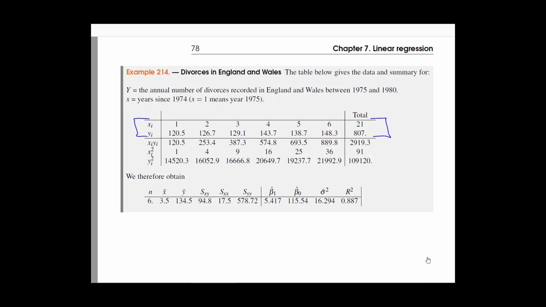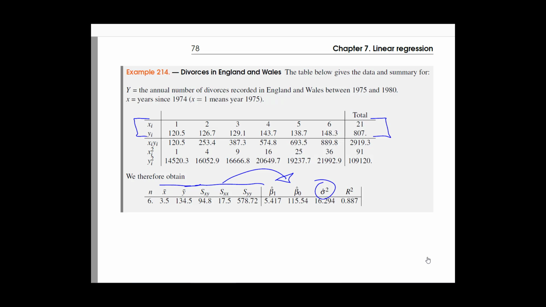Then the way to apply the formulas here: we want to calculate all the s's, because once you have the s's and the averages, and the sample size, then you can estimate the parameters of your linear model, which are the betas, but also you want to calculate the sigma squared and the coefficient of determination, r squared.